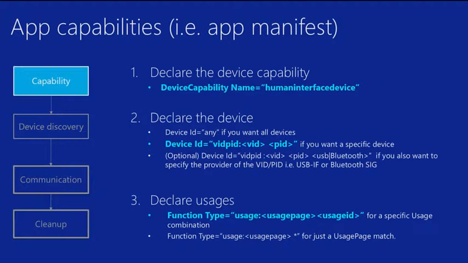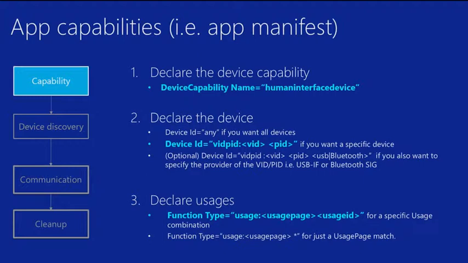Specifically, there is a device ID portion, which identifies a device using its vendor ID and its product ID. And the function type, which describes the usage page and the usage ID portion of the top-level collection of the HID device.